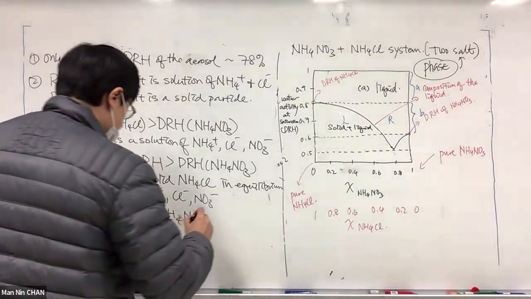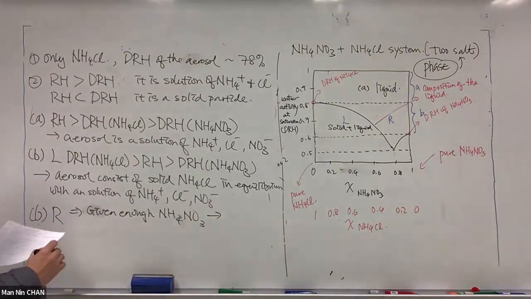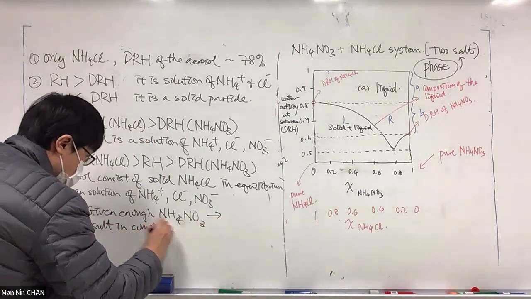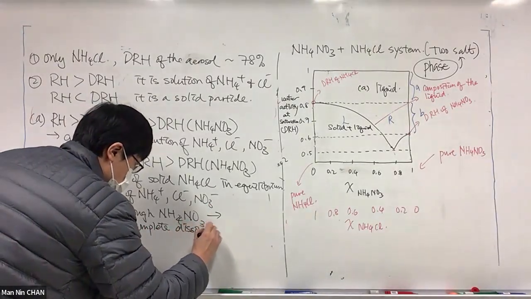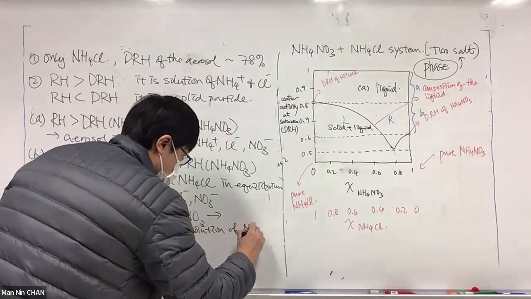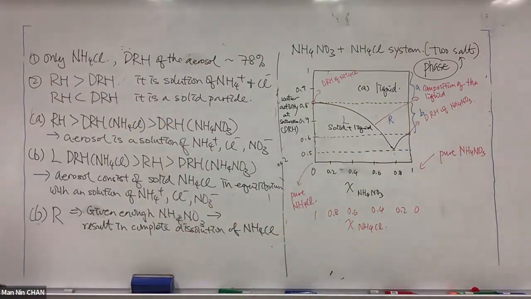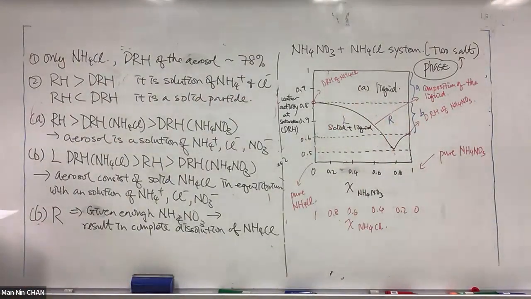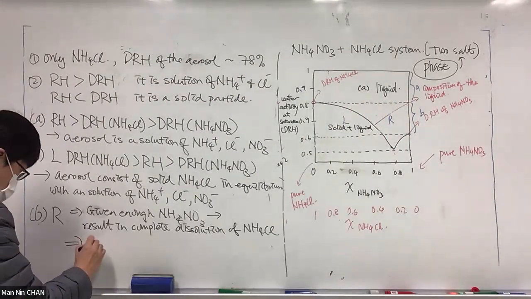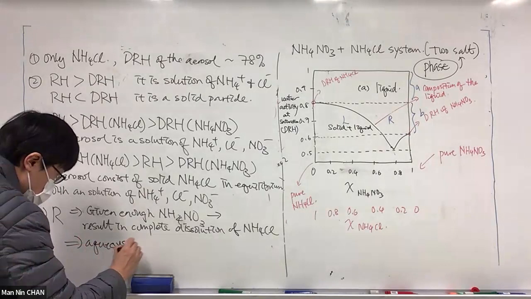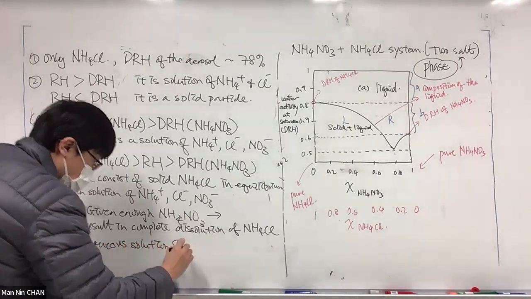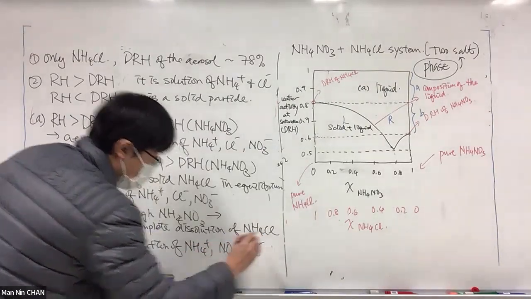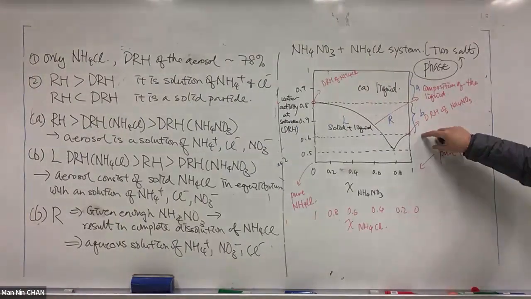So this will result in complete dissolution of ammonium chloride. Therefore, you always have a liquid phase here. So your aerosol is always a liquid or aqueous solution. Of course, you will have ammonium, nitrate, and chloride. So you can think about this here, okay?